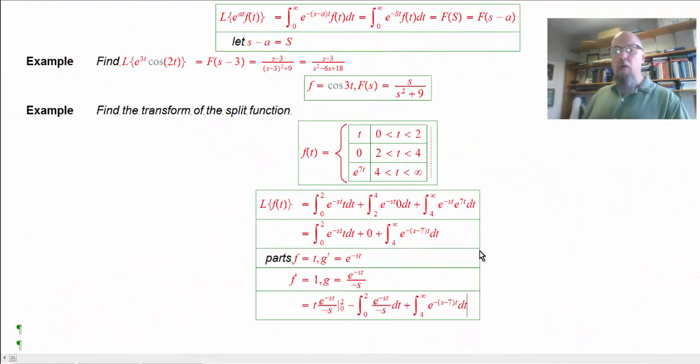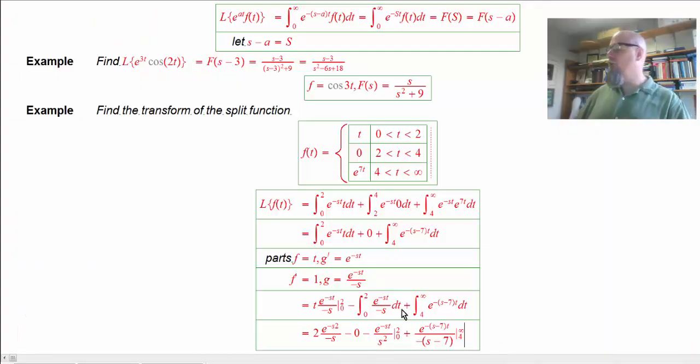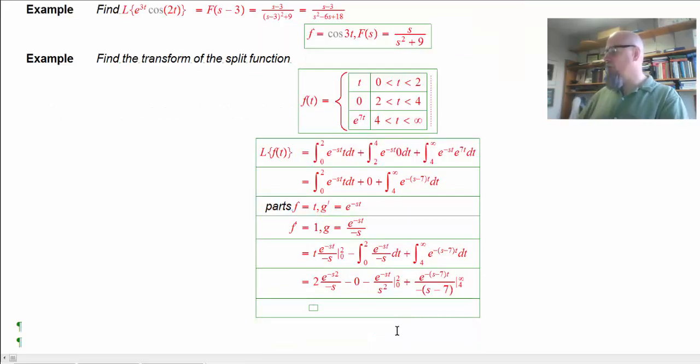So I do integration by parts on the first piece, sub in the top minus sub in the bottom for the f times g. Integrate the e to the minus st over s. The minus signs cancel out. Still integrating from 0 to 2. I've got to sub in the top minus sub in the bottom. I've integrated this 4 to infinity. I still have to sub in the infinity minus sub in the 4.